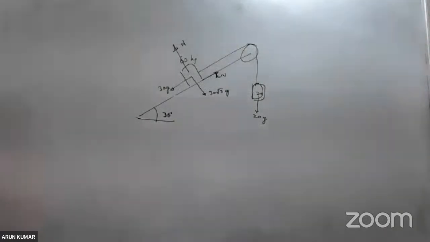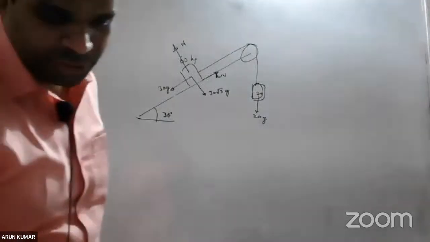So I have to determine whether the blocks will move or not. If it is frictionless, this will tend towards downward and friction will act upward. But friction will self-adjust so as to counterbalance the net external force. What is the net external force now? It is 10G, 30G minus 20G. That 10G is to be compared with mu times 30 root 3G. What is mu given?